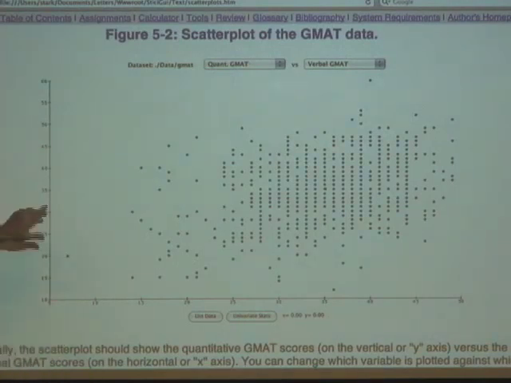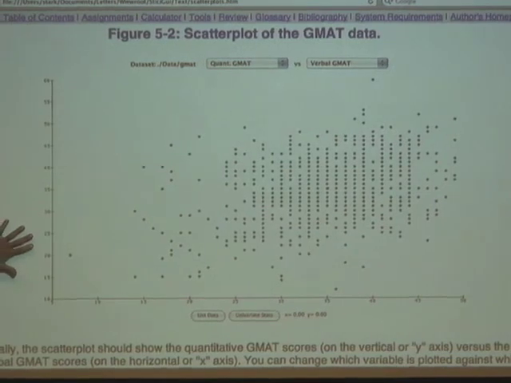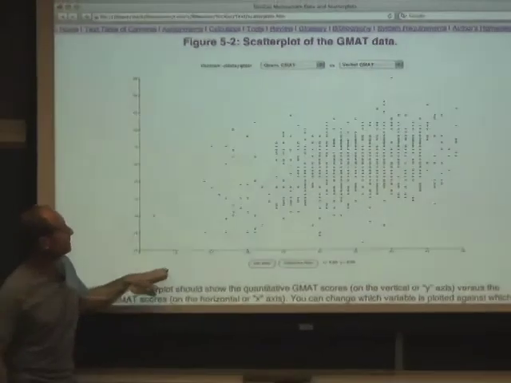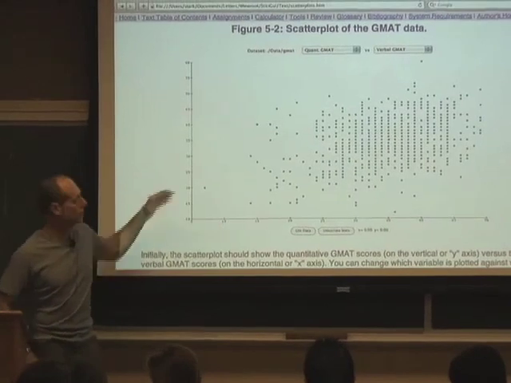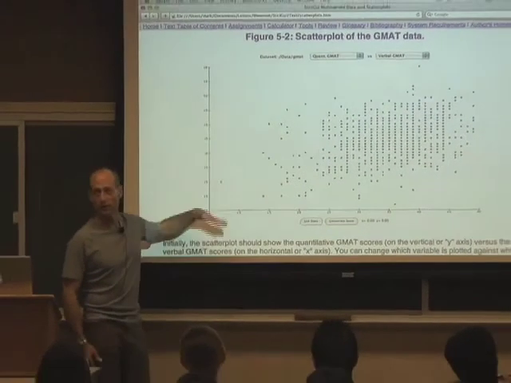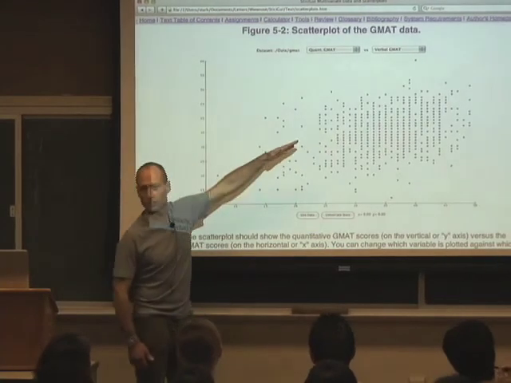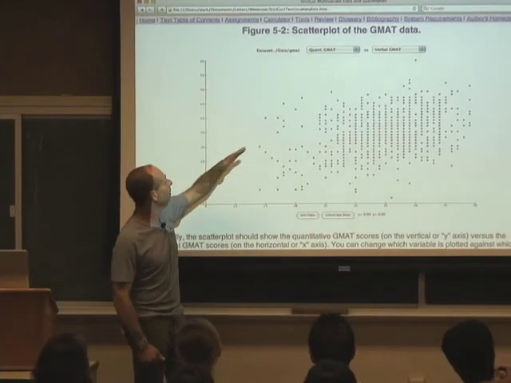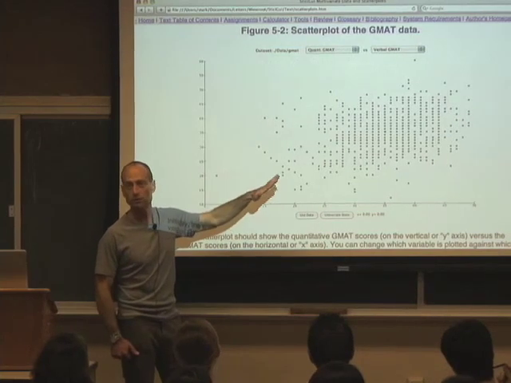So in this particular case, on the vertical axis, we've got the quantitative GMAT score. And on the horizontal axis, the x-axis, we've got the verbal GMAT score. Okay? Generally, well, first of all, there's a lot of scatter for these 913 students. But generally, there's sort of an upward trend to what's going on. People who did better on the quantitative also tended to do better on the verbal. Okay?